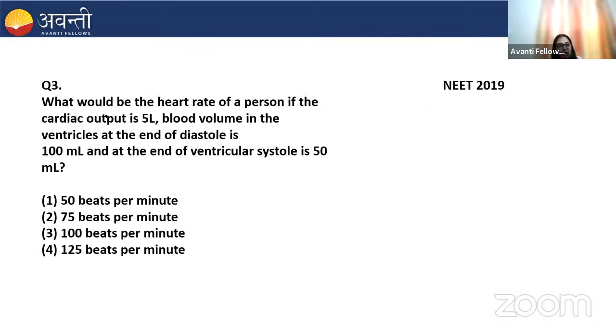Moving next, what would be the heart rate of a person if the cardiac output is 5 liters, the blood volume in the ventricle at the end of diastole is 100 ml, and at the end of ventricular systole is 50 ml? First, end of diastole is 100 ml. End of diastole means the amount of blood present in the ventricle at the end of ventricular diastole.